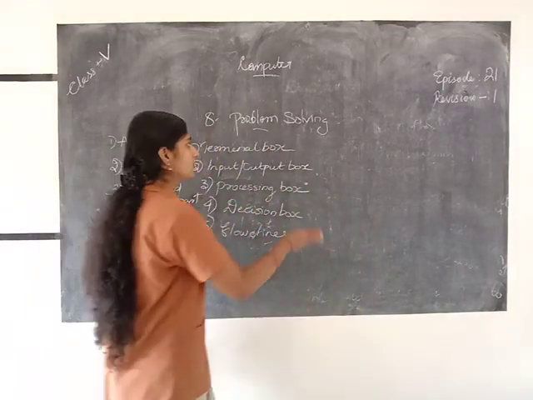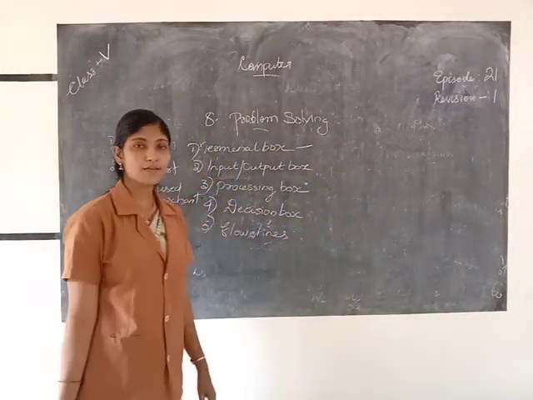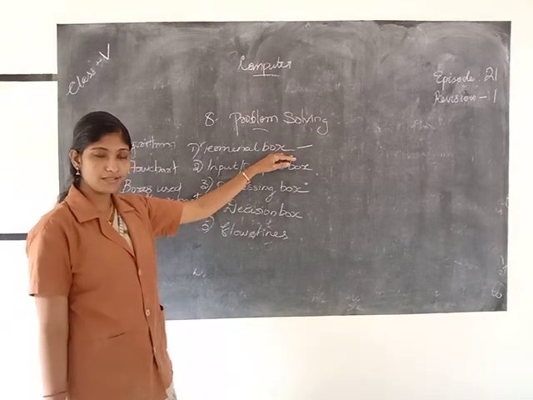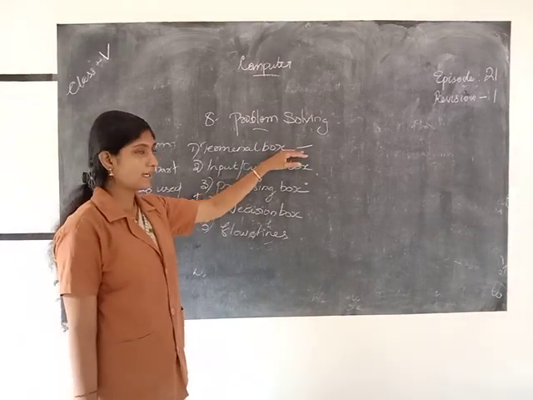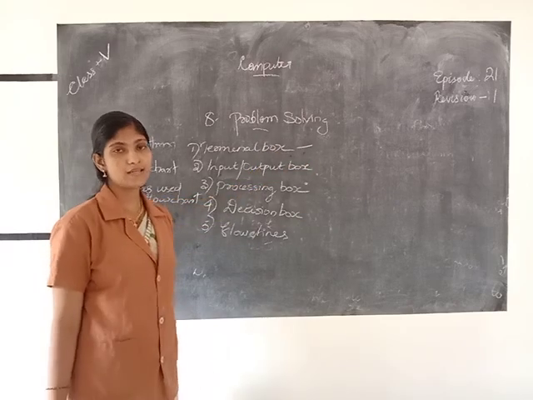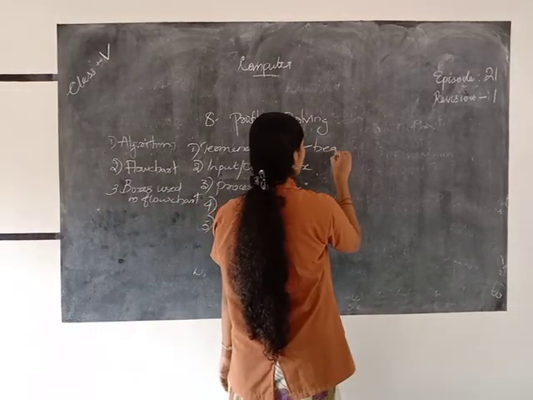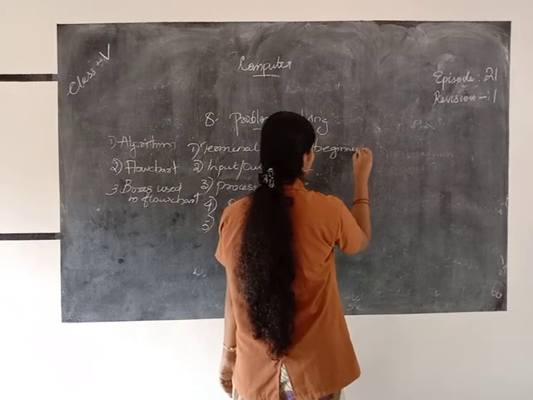First one, terminal box. What is the function of the terminal box? This box is used at the beginning or end of the flowchart.